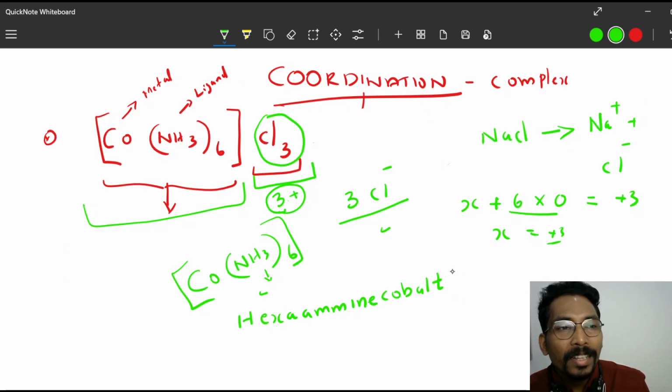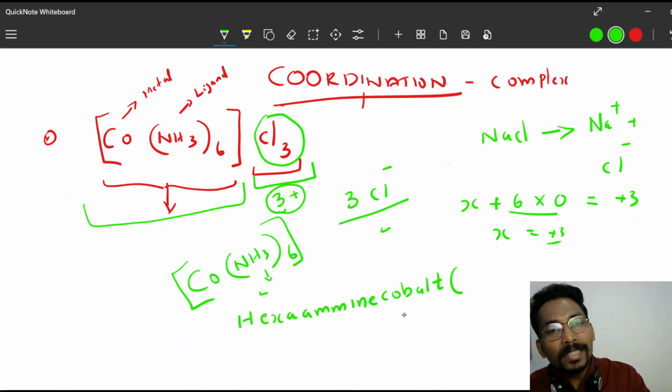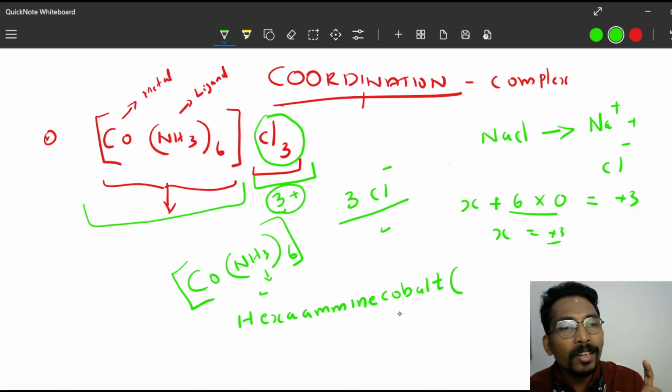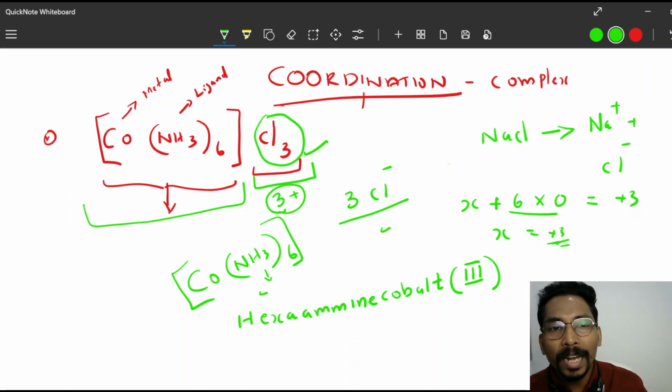Then after the name of the central metal, you have to put a bracket. Inside the bracket, you have to mention the oxidation number of the central metal atom in Roman numerals. So what is the oxidation number? +3. So 3 in Roman numerals. After that, you have some counter ions as well. Outside the square bracket, you have 3 chlorine atoms, right?